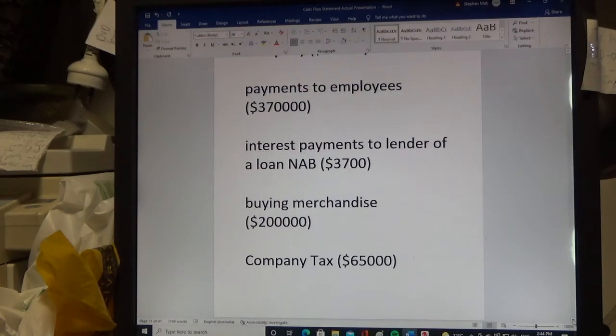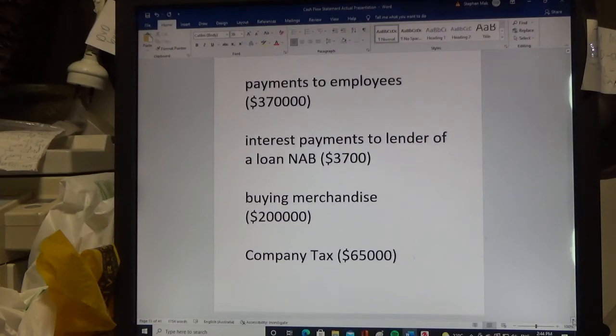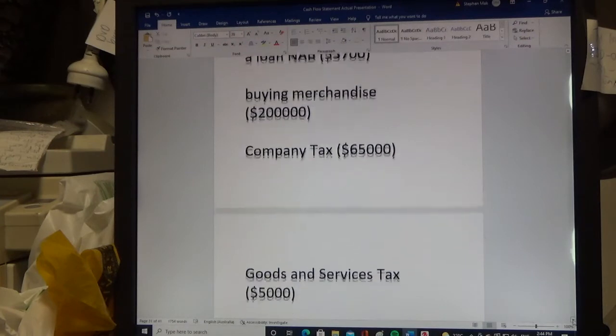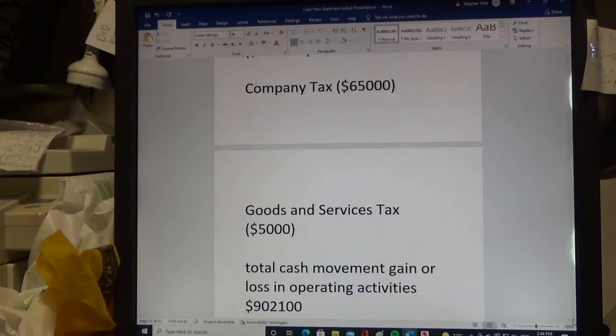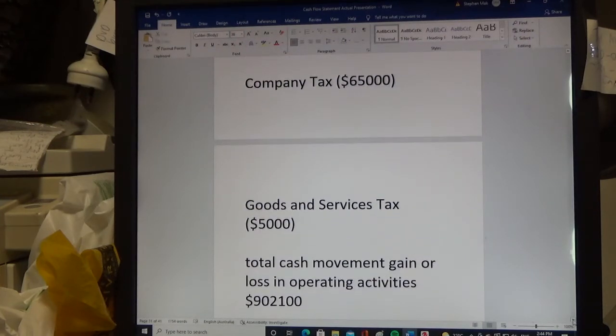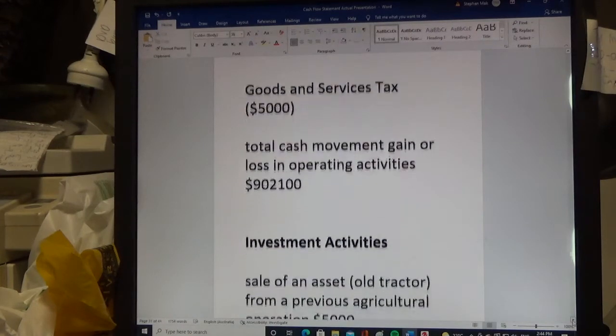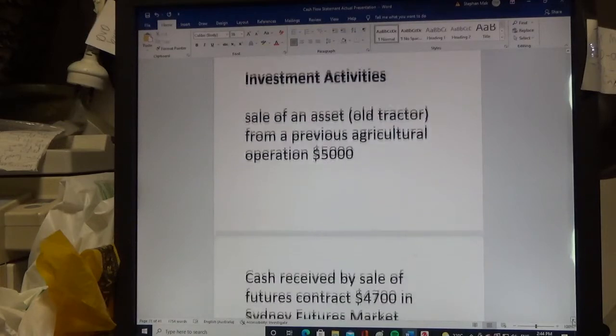Interest payments to the lender of a loan, National Australia Bank. Buying merchandise. Company tax. Goods and services tax, the GST. So total cash flow movement is a gain in operating category of 902,100.